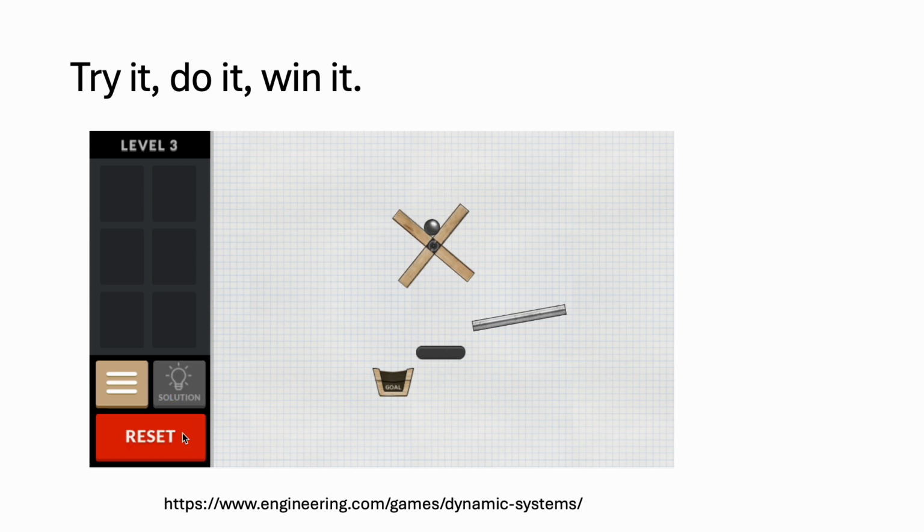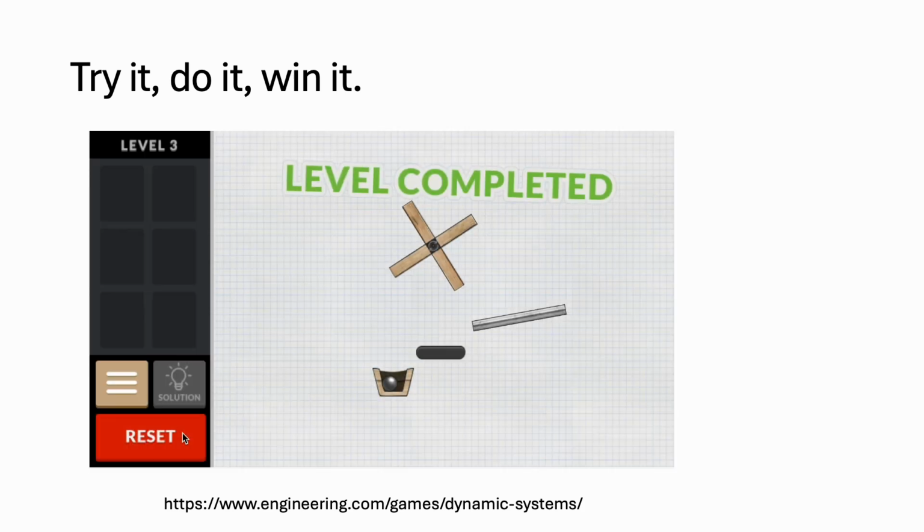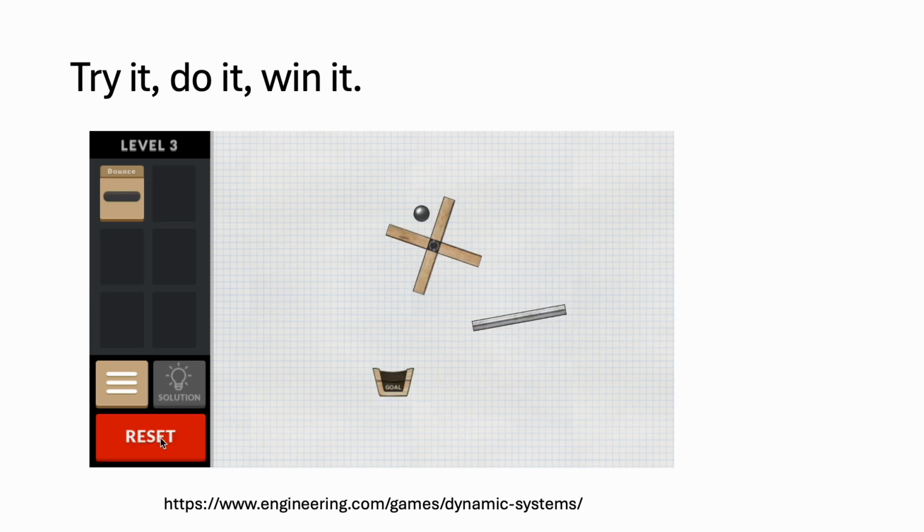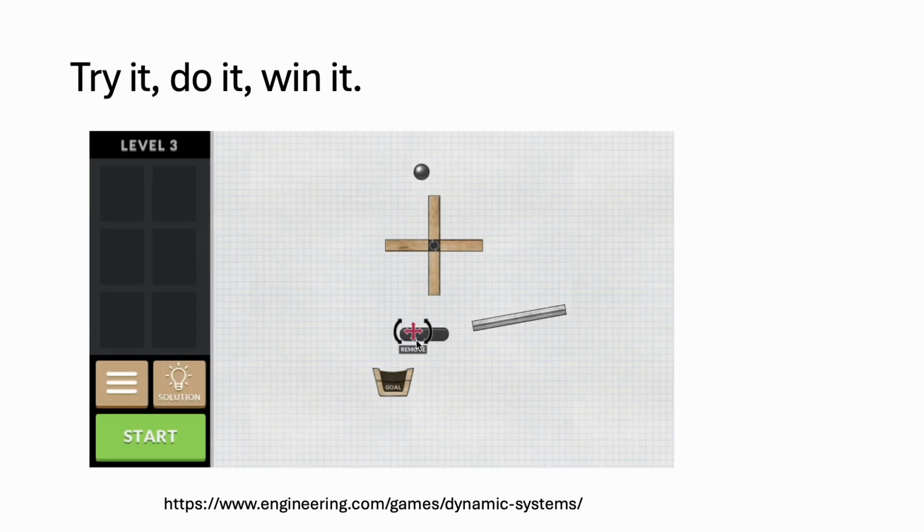So you go task 1, task 2, task 3. Multiple levels: level 1, level 2, level 3, level 4. Every single level gives a task. For example, in this case, the task is to have the little marble ball roll into this goal, into this little bowl, right.